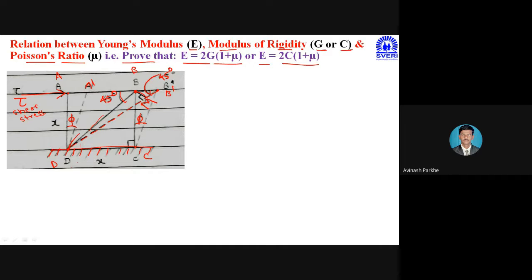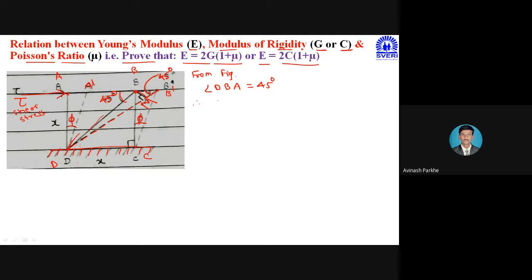Now, if I write those particular angles, for example, from the figure, the angle DBA is equal to 45 degree. So from the figure you can easily understand, DBA, this angle is already represented on the figure, which is equal to 45 degree.